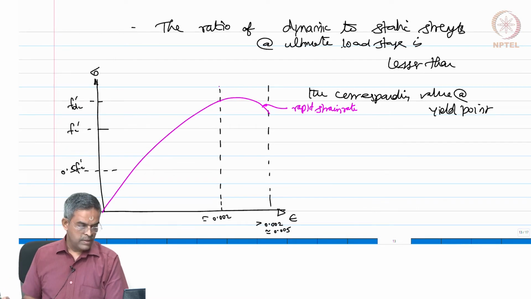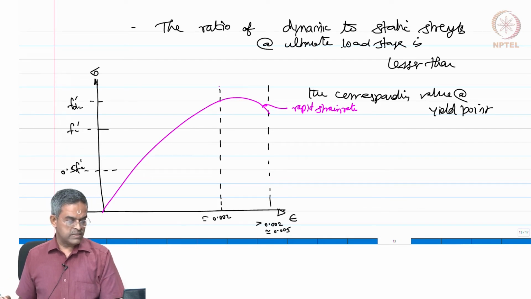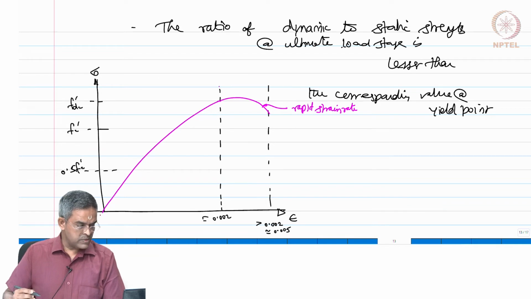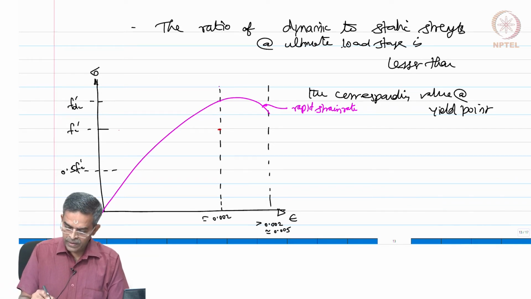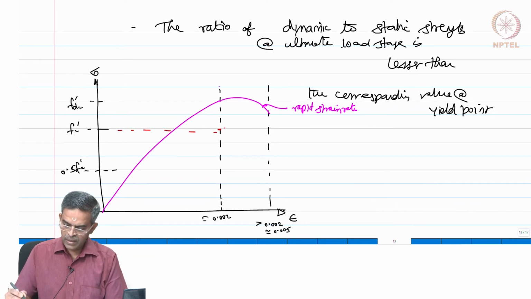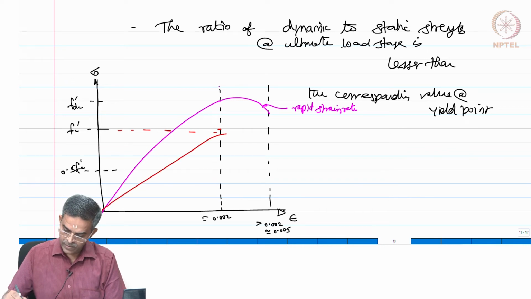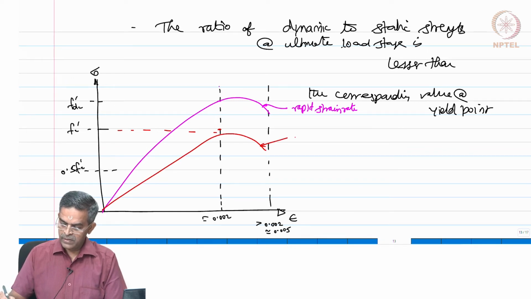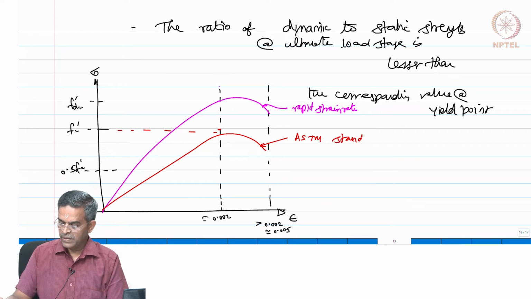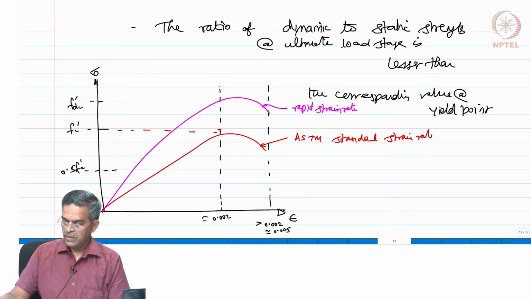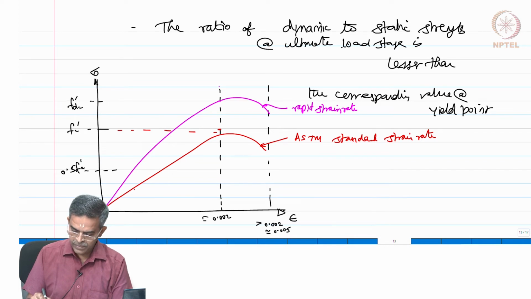Whereas, if you look at the ASTM standard strain rate, there is a change in slope, it touches this point and comes down. This is ASTM standard strain rate. So, there is a change in slope, okay.